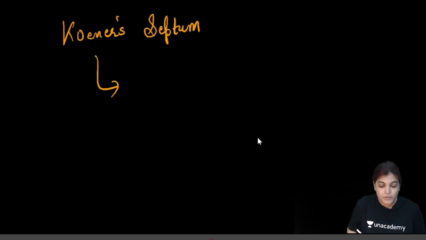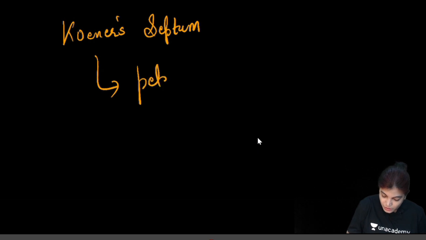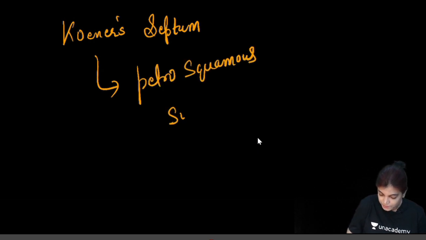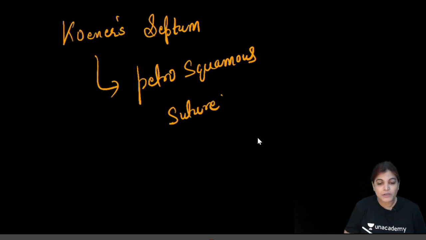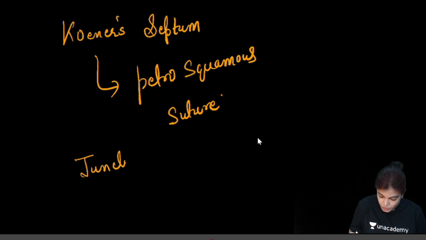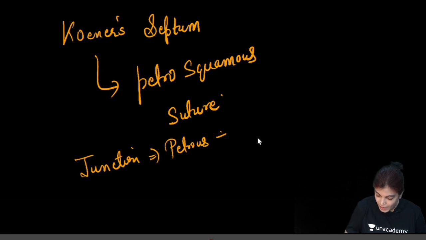Coronal septum is which type of suture? It is a petrosquamous suture, and it is a junction between two parts of the temporal bone: the petrous part and the squamous part of the mastoid air cell.